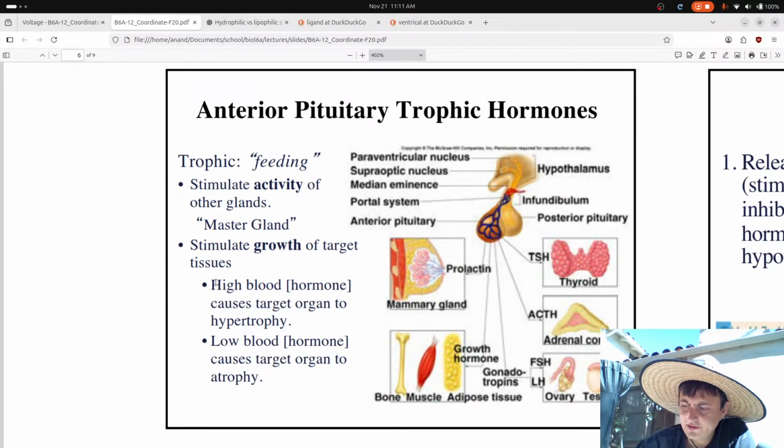Okay, the anterior pituitary master gland. Stimulates activity. Oh, it's like the precursor activity of other glands.